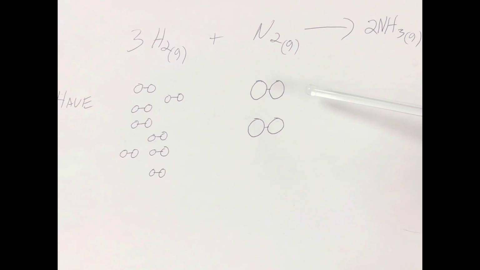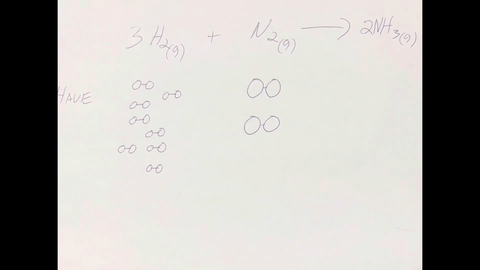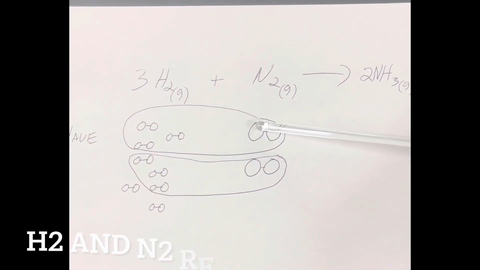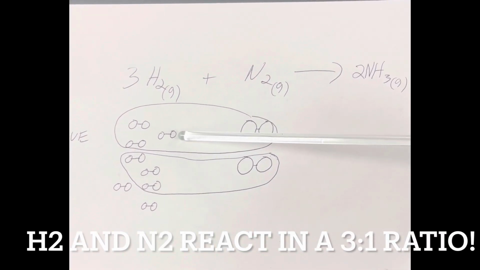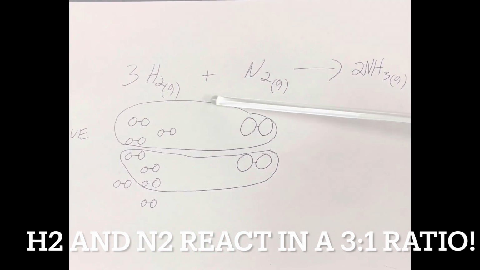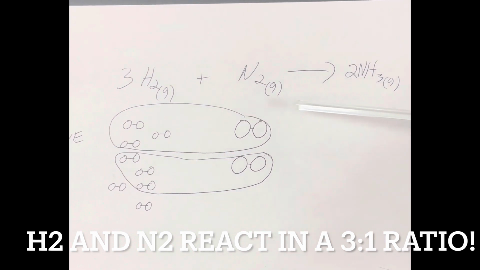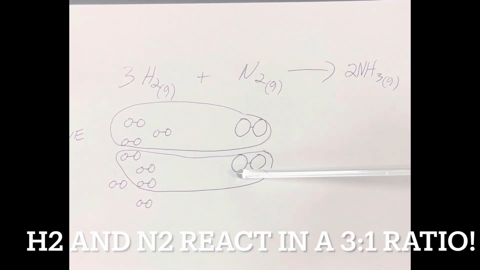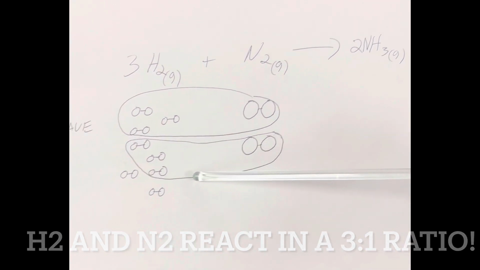So let's see what's going to happen here when we get the reaction. So for every one molecule here, we're going to react with 3 molecules of the hydrogen. So these molecules will react to make NH3. Then we have another one here. So for every one, we're going to react with these.